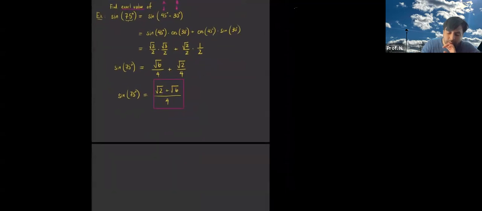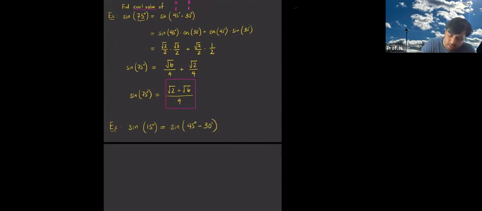Okay, so now that we understand that, what happens, for example, if I want to find sine of 15 degrees? Is that possible? Yeah, that is possible, isn't it? Sine of 15 degrees can be rewritten as sine of 45 degrees minus 30 degrees. The difference between 45 and 30 is 15.